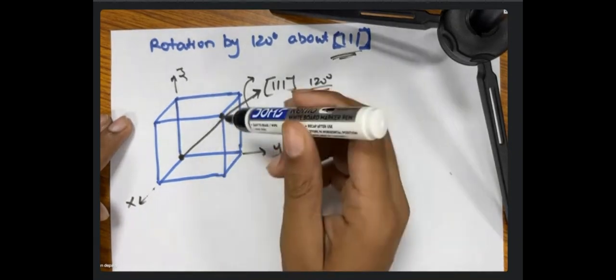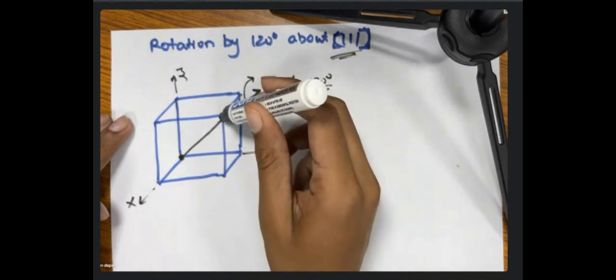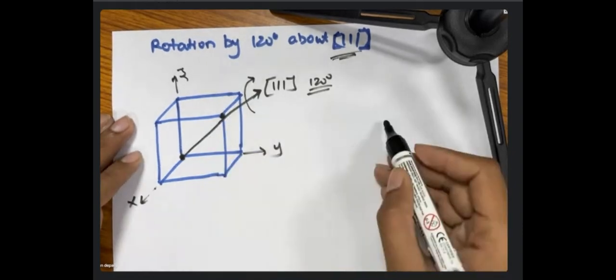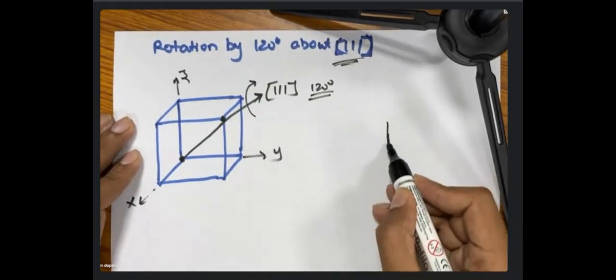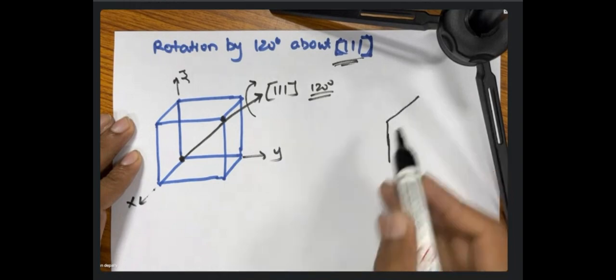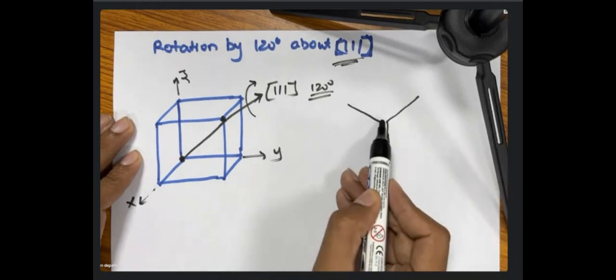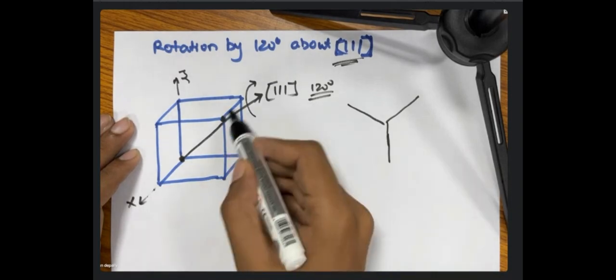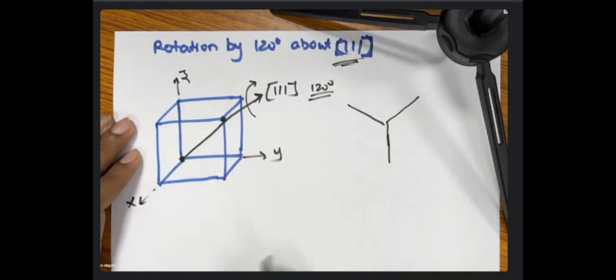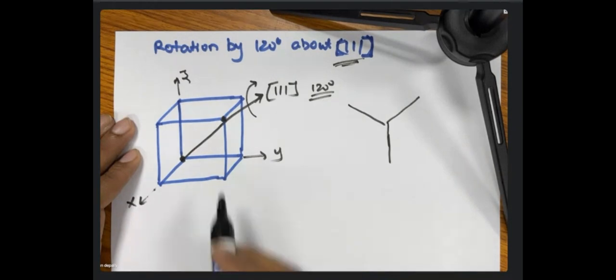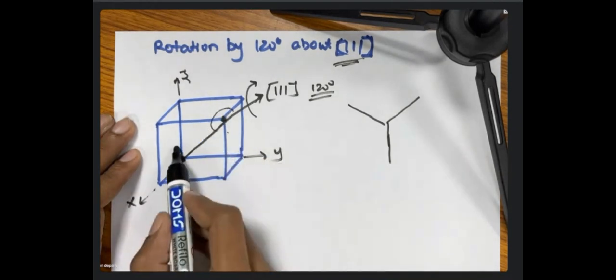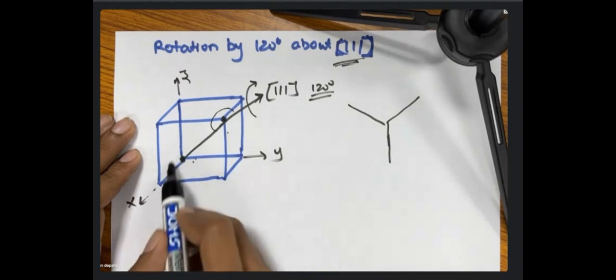Let's try to see from this particular angle how my cube will look like. If I see from here, I can say it will be like this. I am drawing this. For the time being, let us ignore that there is nothing over here. We can draw how these axes are going to look like.